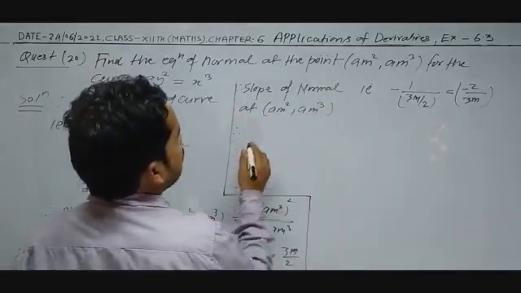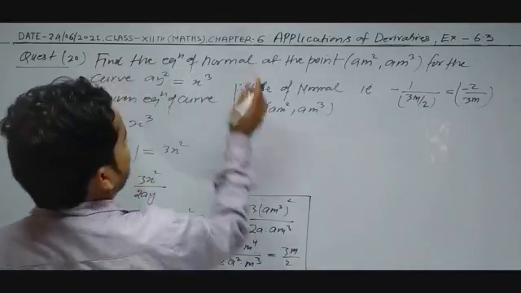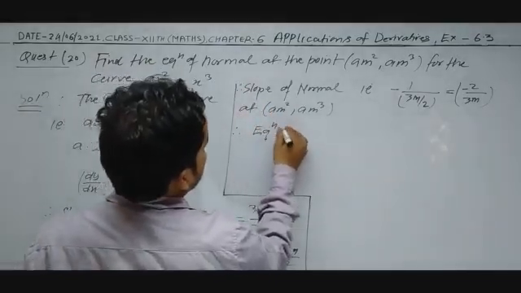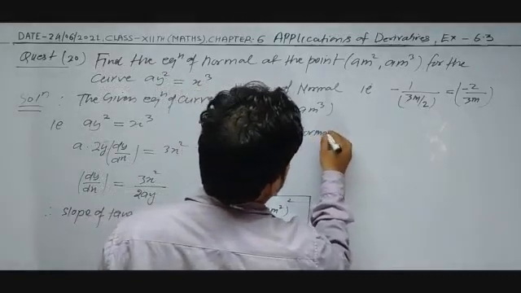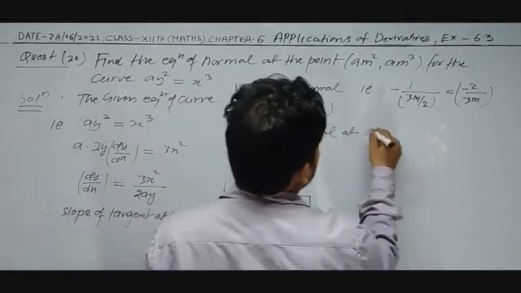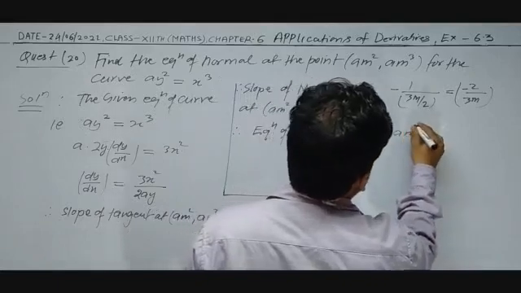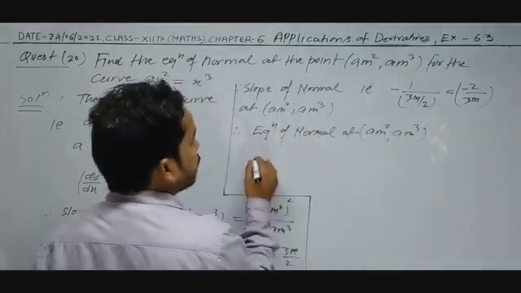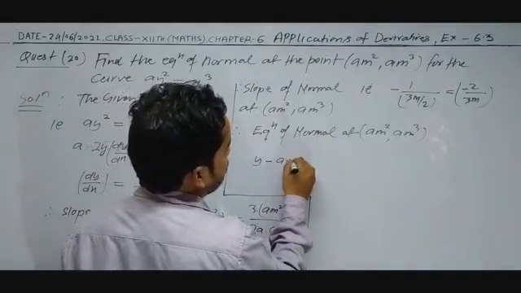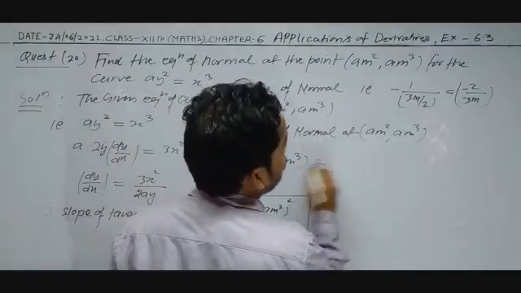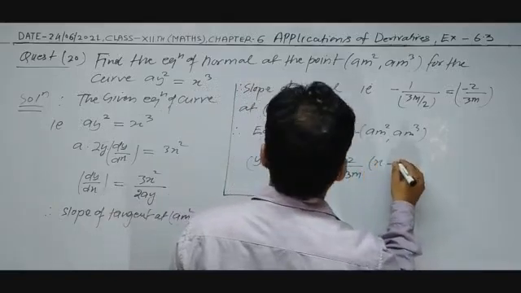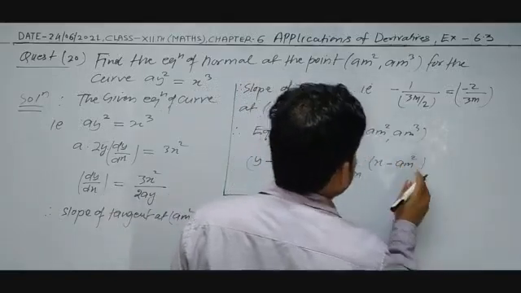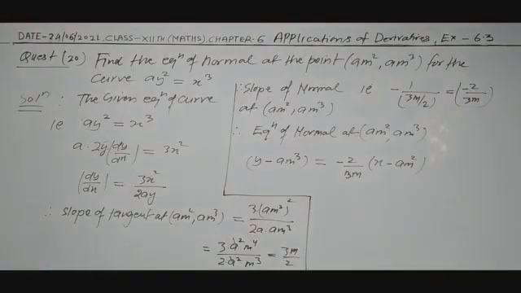Therefore the equation of normal, you have to find out the equation of normal. Equation of normal at (am square, am cube) will be y minus am cube is equal to minus 2 whole upon 3m times (x minus am square). So this is the equation of normal.